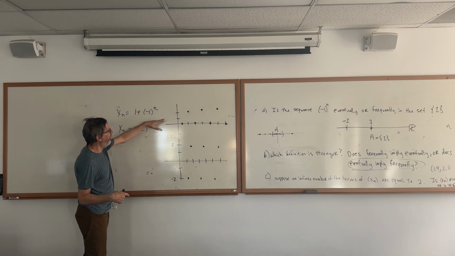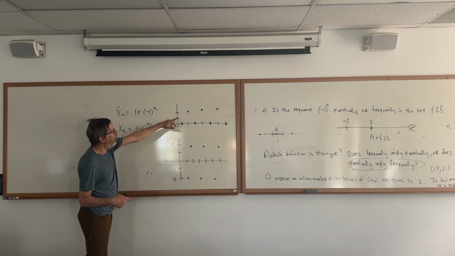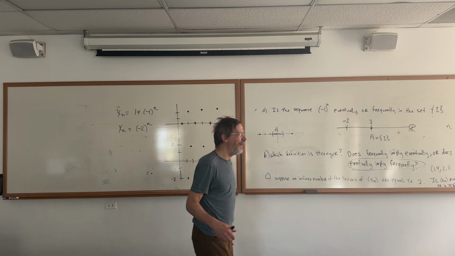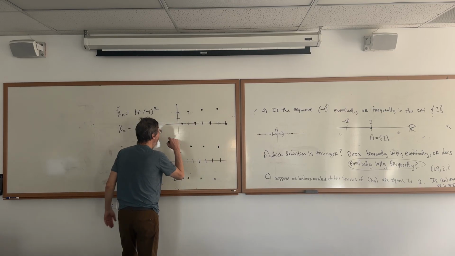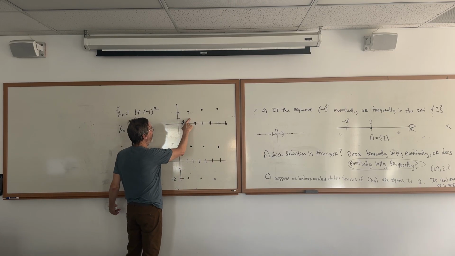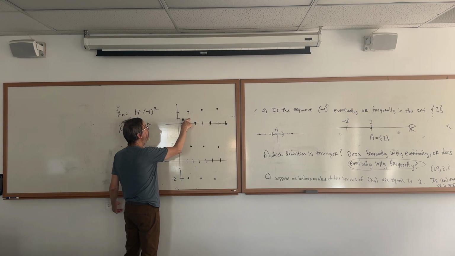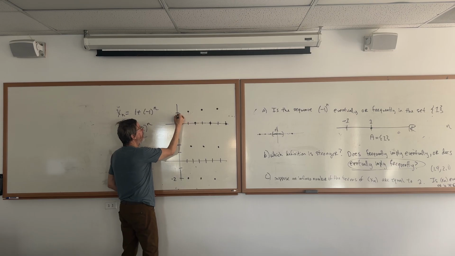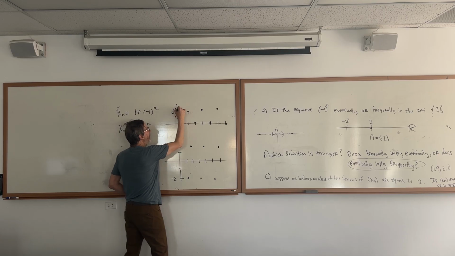So this was Christian's example. And what set were you saying it was in, the one I gave down there, right? So this sequence here is frequently, that's what you were saying, right? That it is frequently in there. So this is 2, and then 2.1 is right there, and 1.9 is there.